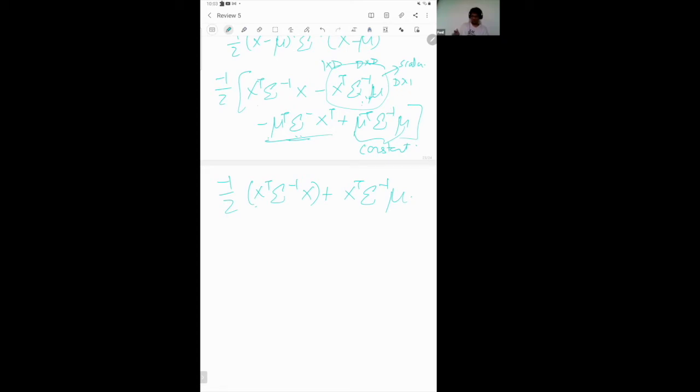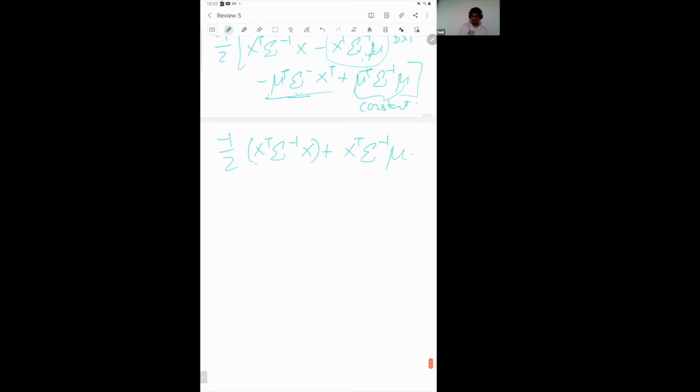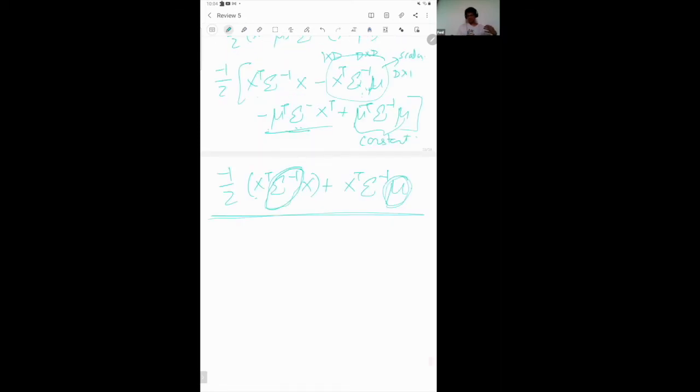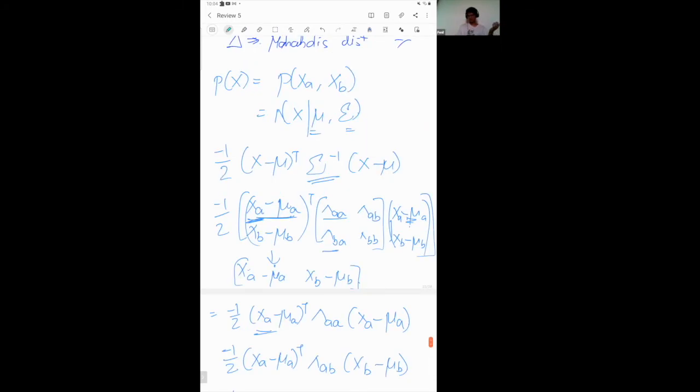So if you have this form, you can directly extract out sigma inverse: it is simply the coefficient of the second-degree term x transpose x. You can also extract nu: the coefficient of the first-order term is sigma inverse nu. So you can directly extract sigma and nu from the exponential term.